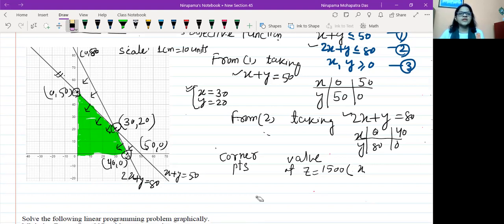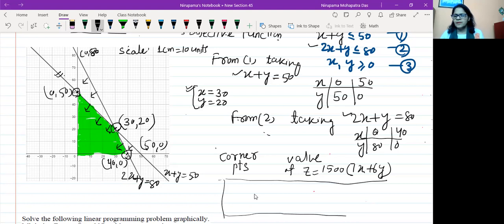You can make a table here. Okay, the first corner point, so you know what to do here, right? I'm just writing first 0, 50, then 30, 20, then 40, 0.